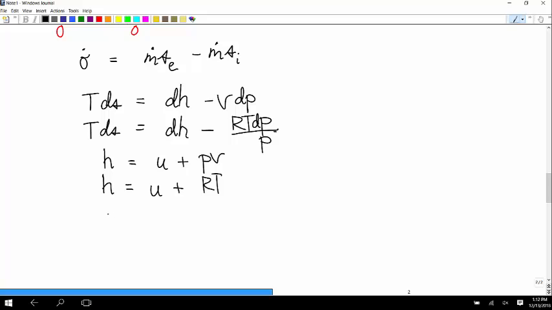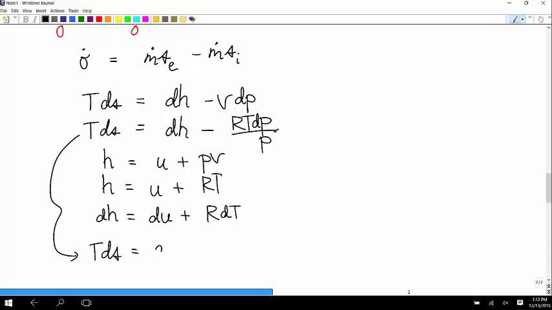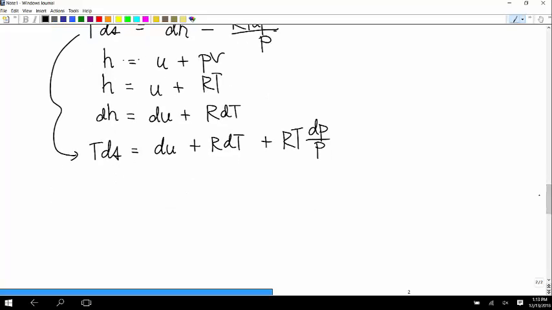And so DH is equal to DU plus R dT. And so TDS is equal to DU plus R dT minus RT dP over P. Well, dang it.